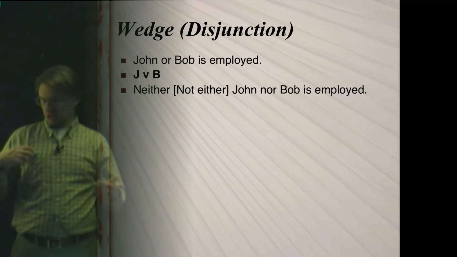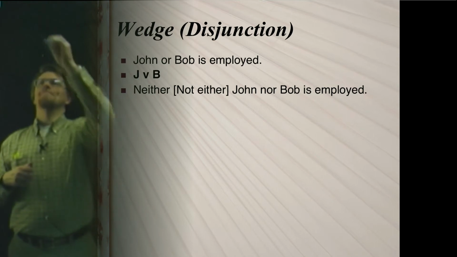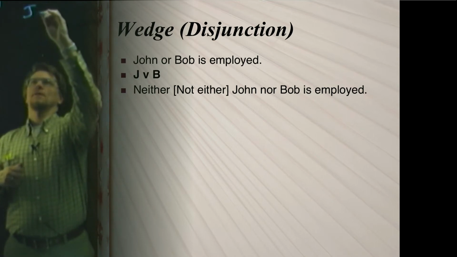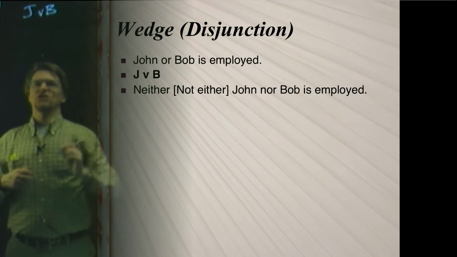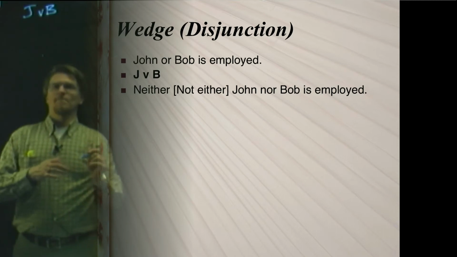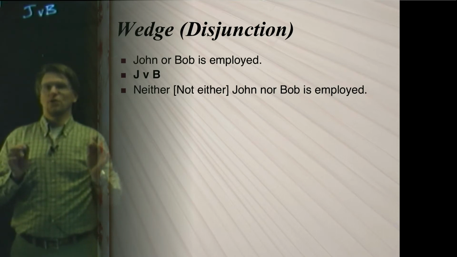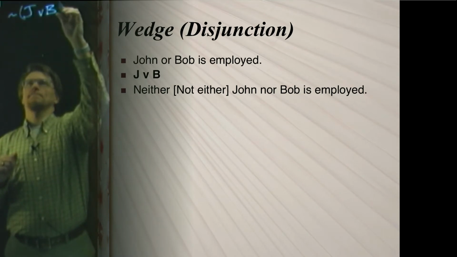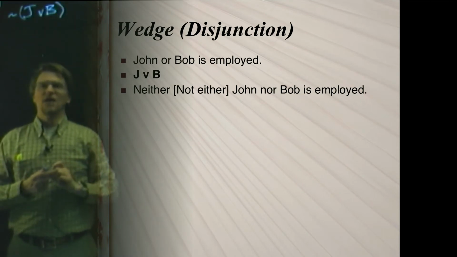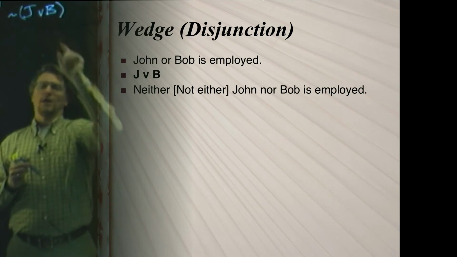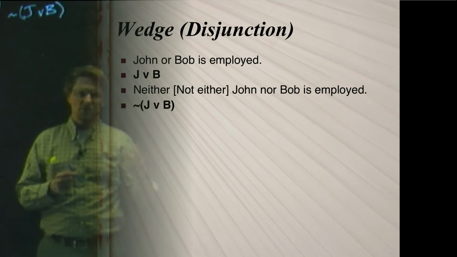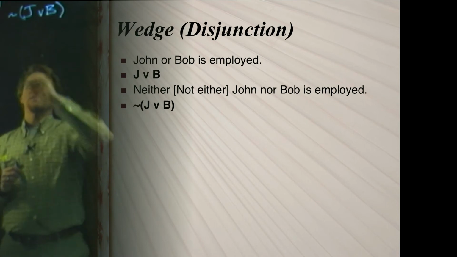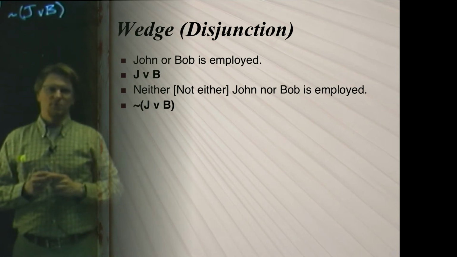Okay? So here's the key to thinking about this. This is John or Bob is employed, then neither John nor Bob is employed. Saying that it's not the case that either John or Bob is employed. Well, so this is neither John nor Bob is employed.